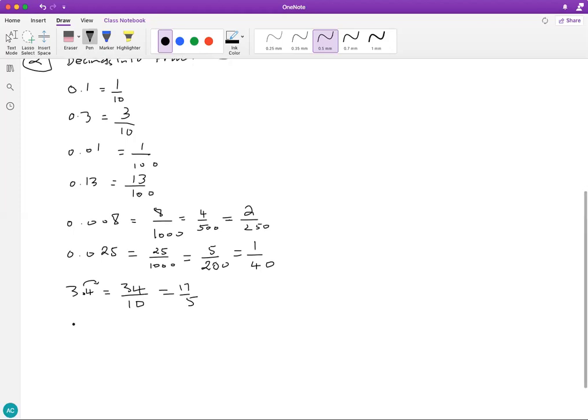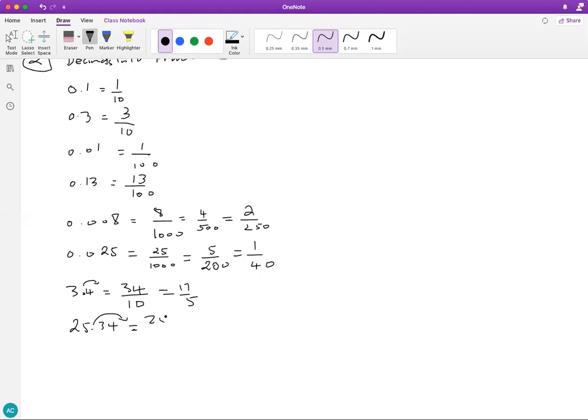What about this one? This is a decimal. We want to turn this into a fraction. How many times do you need to move the decimal here to get rid of it? You'll move it 2 times to the right. Exactly.